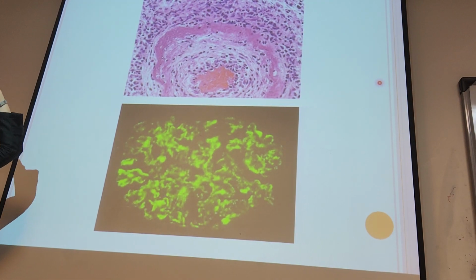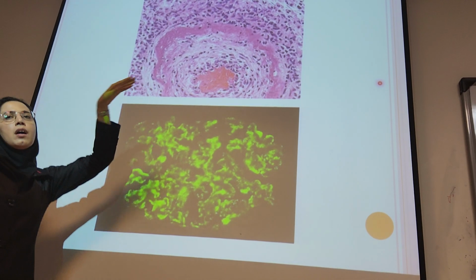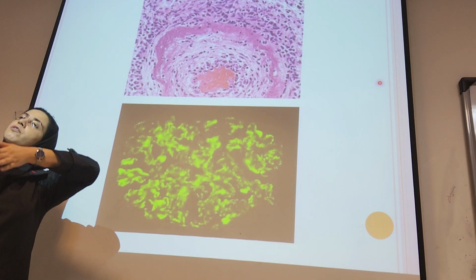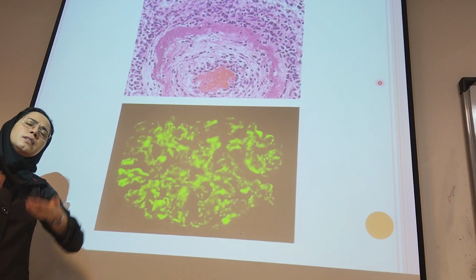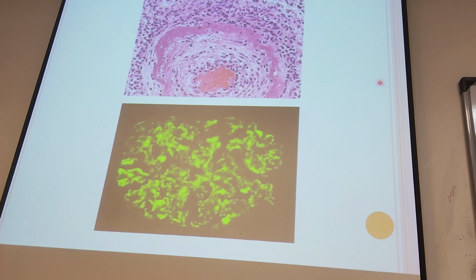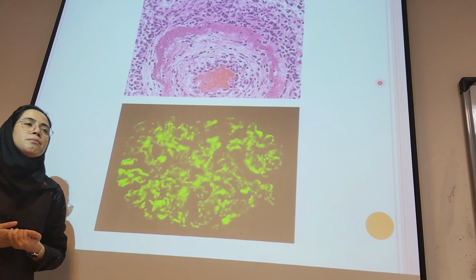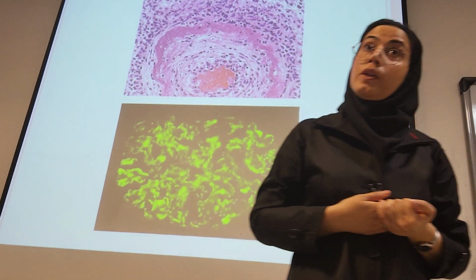In this type of immune reaction, we have necrosis of vessels because of the deposition of immune complexes. What is the type of necrosis that we have in vessels? You should recall it. Fibrinoid necrosis? Yes.